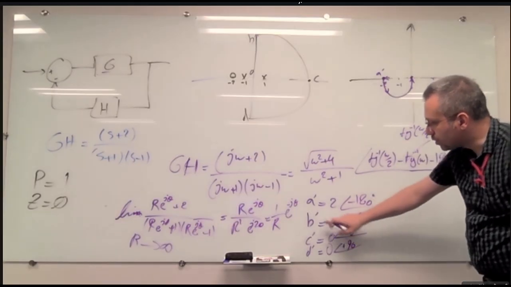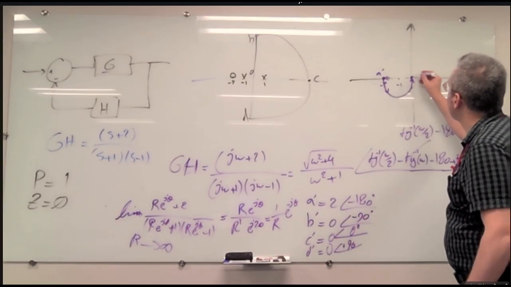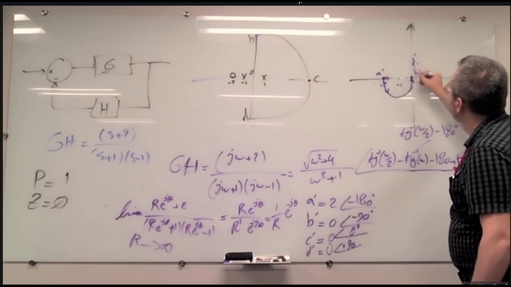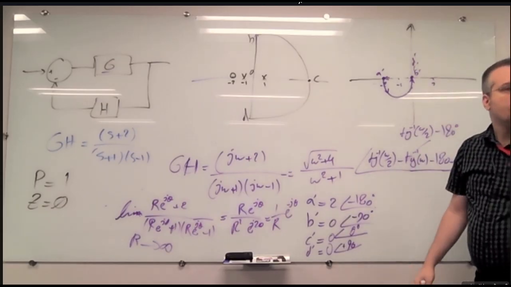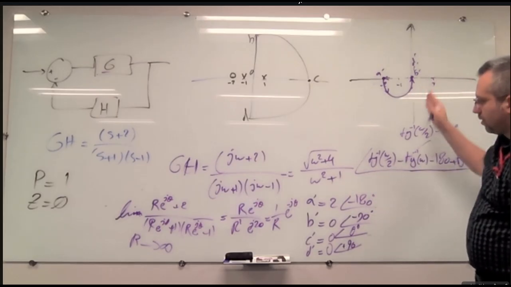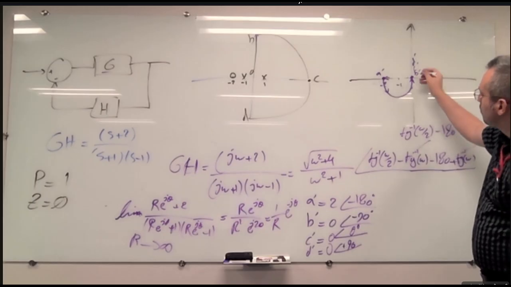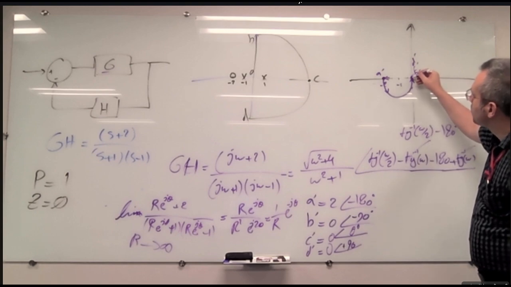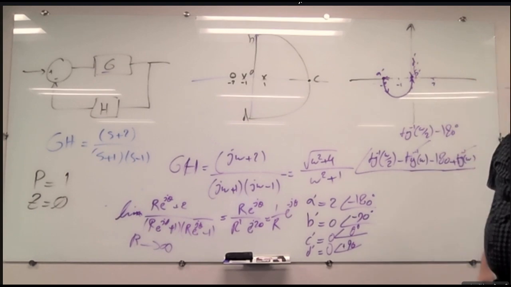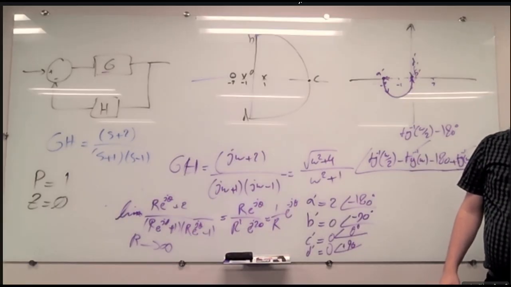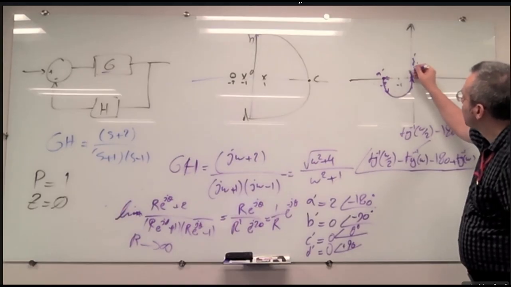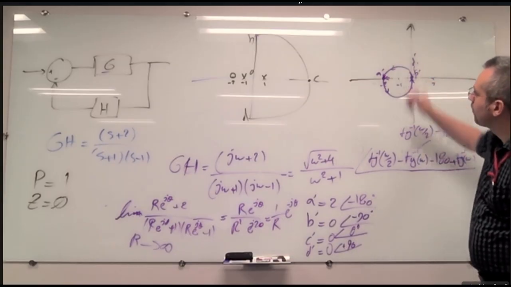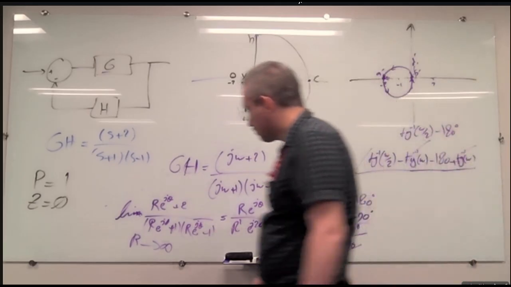So all those B prime, C prime, and D prime would happen at the origin. We already know B prime has minus 90, D prime has plus 90. That means it touches the positive imaginary line and goes back to the A prime. Are we good?